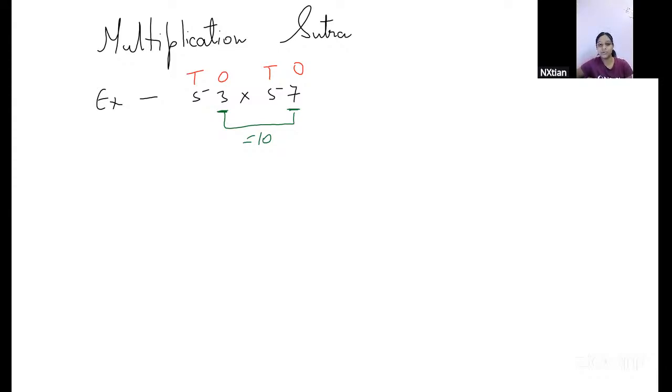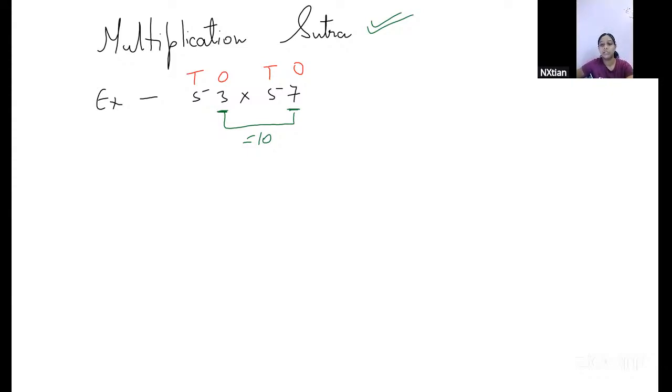So this sutra is for those numbers whose sum of the digits at the ones place is equal to 10. This is the first thing you have to see, the identification.